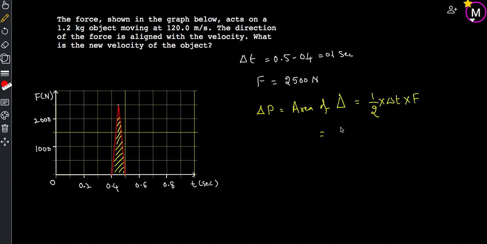So this we can calculate as half times 0.1, because delta T is 0.1, times 2500. Okay, so this we can write as 1250 times 0.1, right?